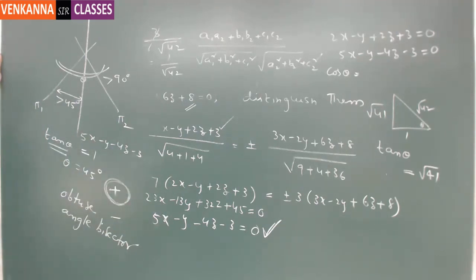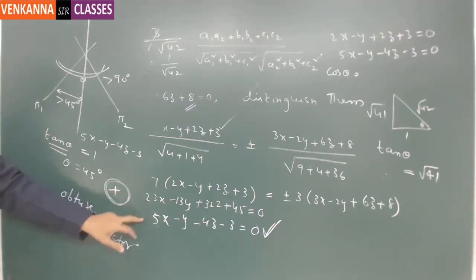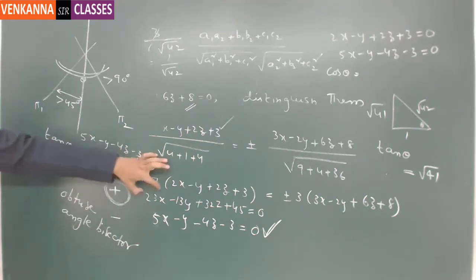Always the plus sign plane gives the bisecting plane which is on the origin side. So among the two planes, can you give which plane is obtained by using the plus sign? 23x or 5x?